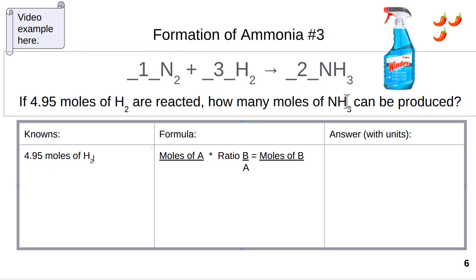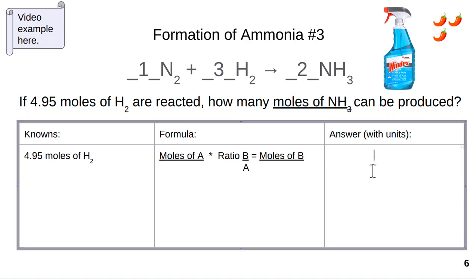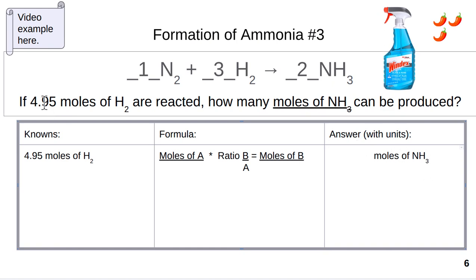And then I'm also going to set up my units for my answer. I'm looking for moles of NH3. So over here, I'm going to go ahead and put my units for my answer, which will be moles of NH3. So I'm starting with moles of hydrogen. I'm converting to moles of NH3.